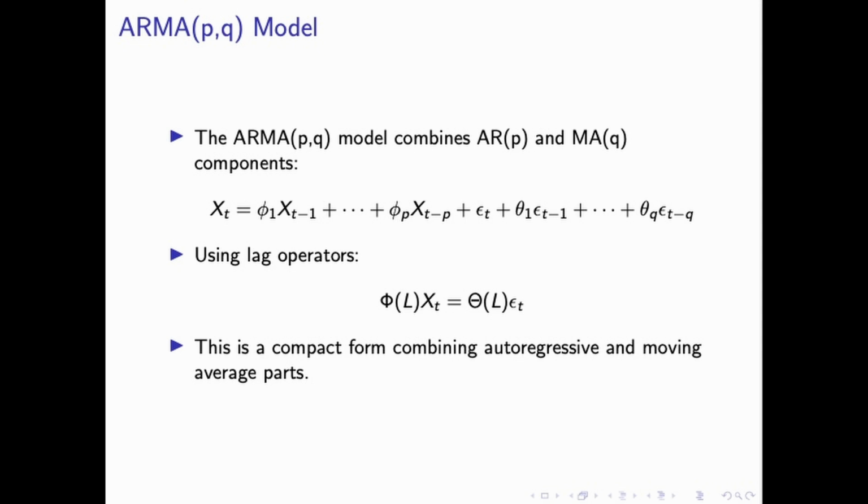The general form is x_t equals phi_1 times x_{t-1}, and so on up to the term phi_p times x_{t-p}, plus epsilon_t plus theta_1 times epsilon_{t-1}, and so on up to the term theta_q times epsilon_{t-q}. Using the lag operator, we can express it as capital Phi(L) times x_t equals capital Theta(L) times epsilon_t. This representation gives us a powerful and compact way to combine these two models together into one equation.